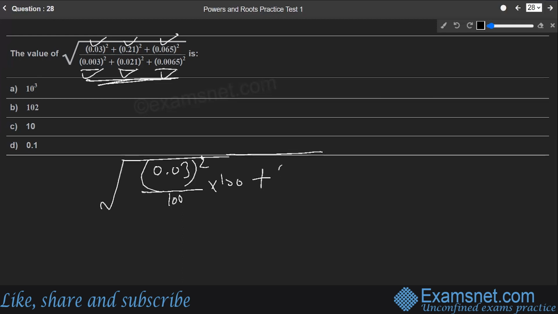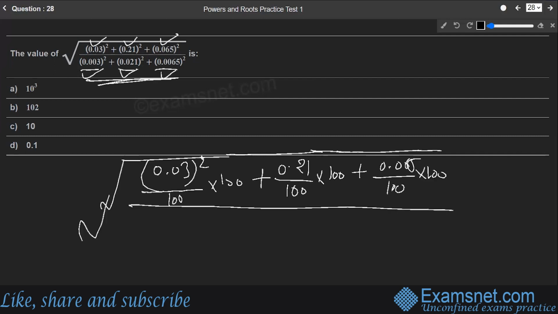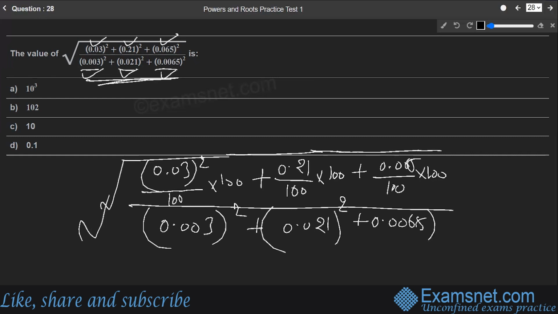Plus similarly 0.21 divided by 10 here, then again 100, and then we'll have to multiply it by 100 again. Similarly, plus 0.065, we have to again divide by 100 and multiply by 100 as well. And that whole thing is divided by 0.003 whole square plus 0.021 whole square plus 0.0065 whole square.